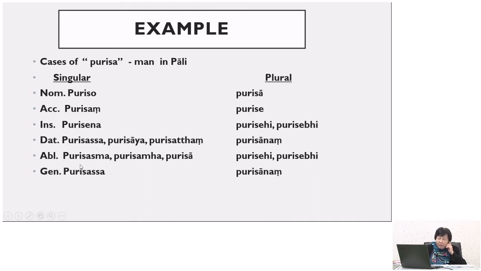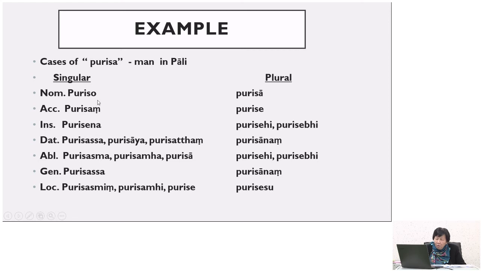And for the genitive case of Pali, for the word Purisa, you have to form the word this way. And you see that there are 8 cases of the noun in Pali.